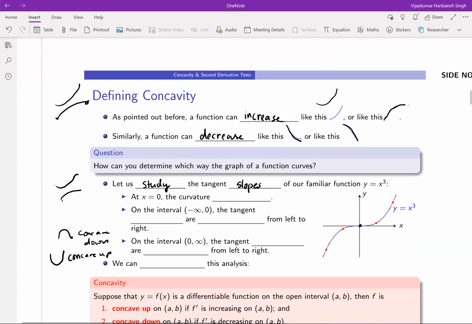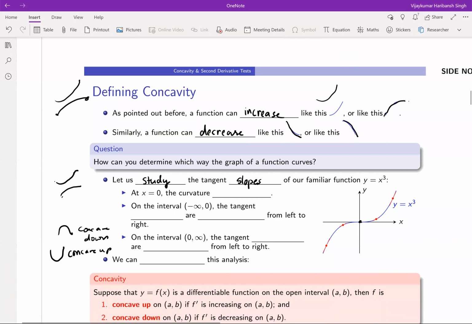Notice that on minus infinity to 0, let's see what happens to the slope of the tangents. Here the slope of the tangent is positive because the function is increasing, and then it reduces down to become 0 here.